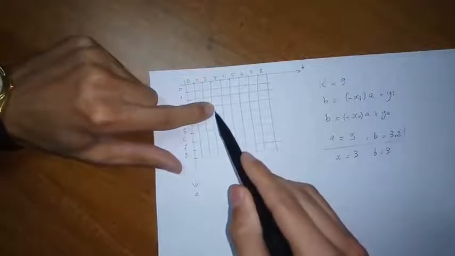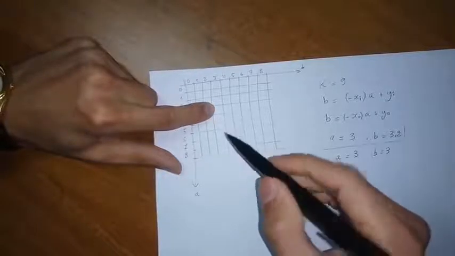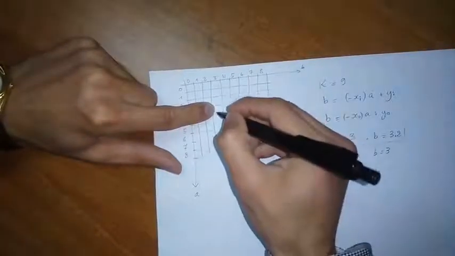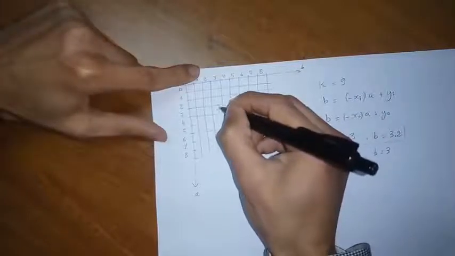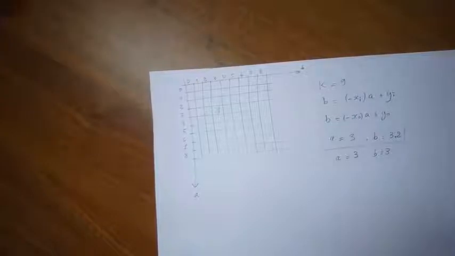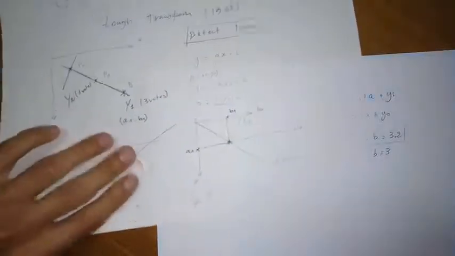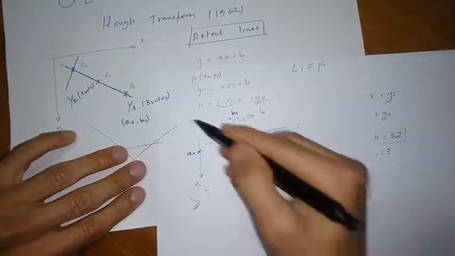As I said in the beginning, all these cells are set to 0. So what I have to do here is increment the value of that cell, and I get 1. If I do that for all possible values of A, I get a line that is diagonal in this way.